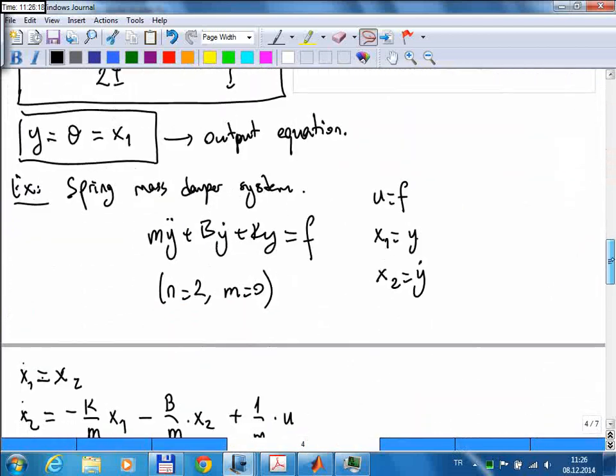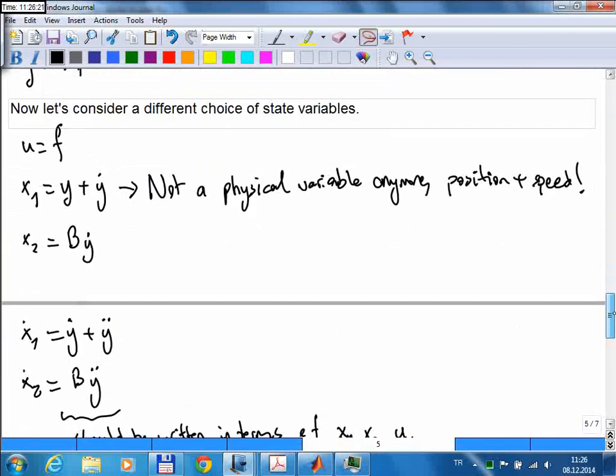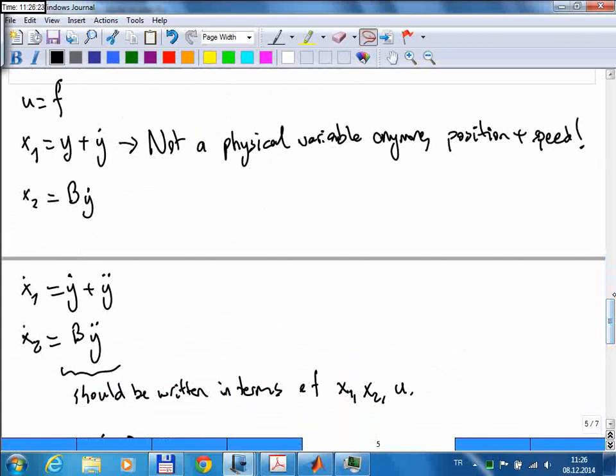What I mean by that is, for example, this wouldn't be a valid state variable definition. If I didn't include that y here, so the first state variable is y dot, and the second state variable is b times y dot, that is not a valid definition because y is not included there.